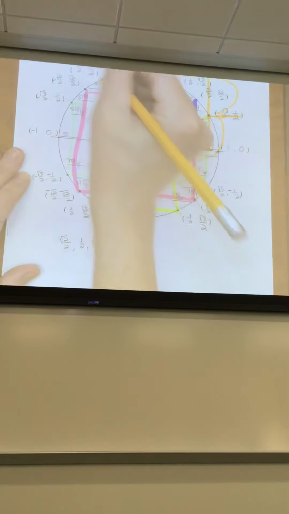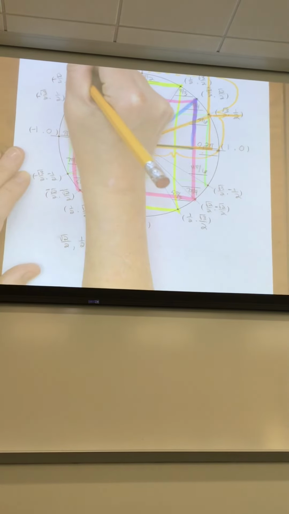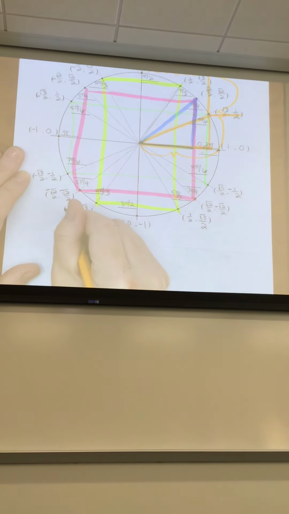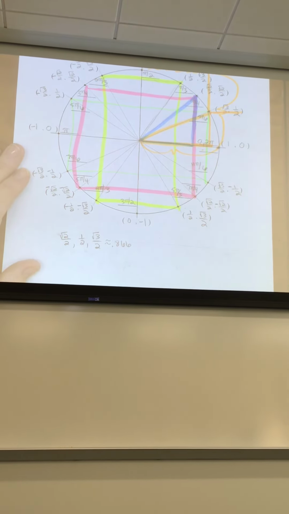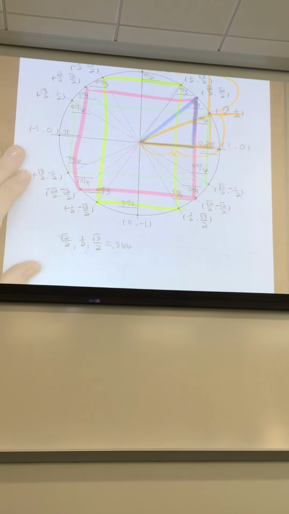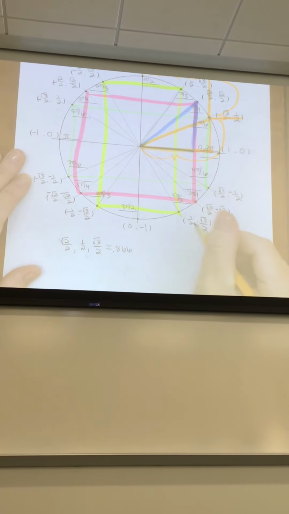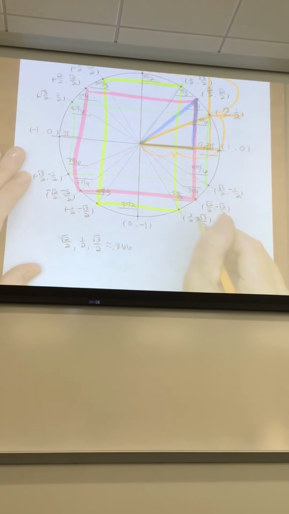Okay, quadrant 2, the x is negative, quadrant 3, they're both negative, quadrant 4, the y is negative.